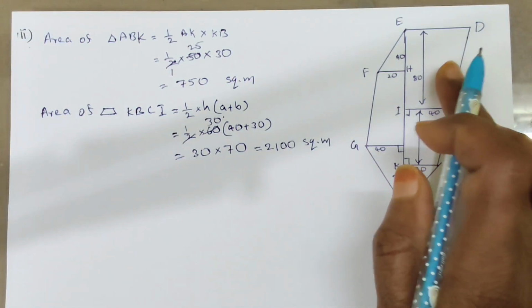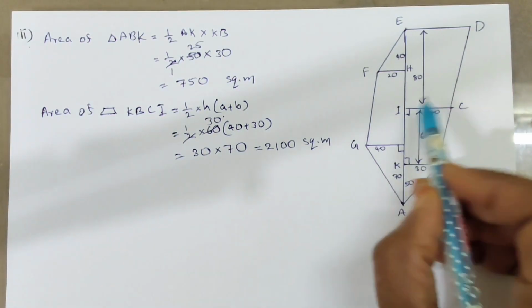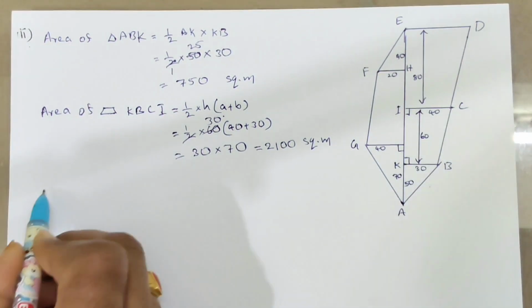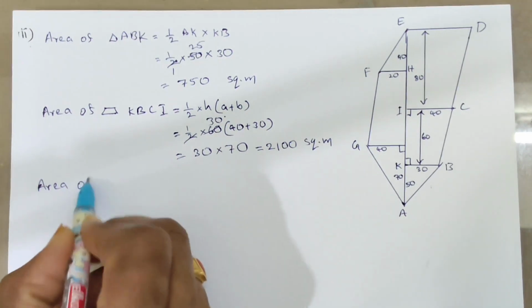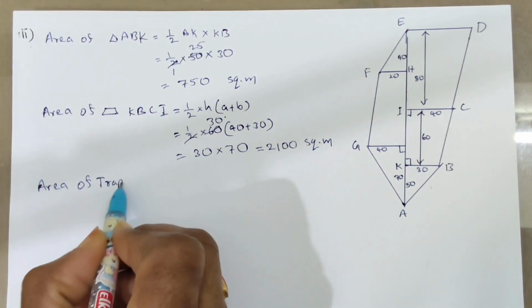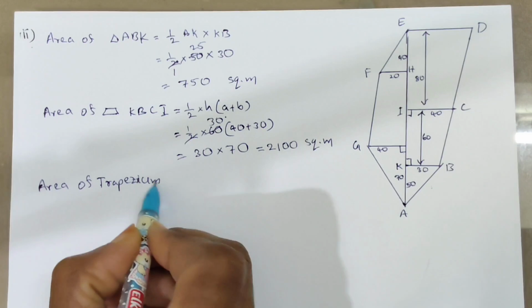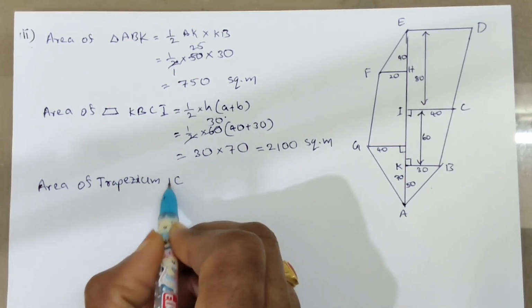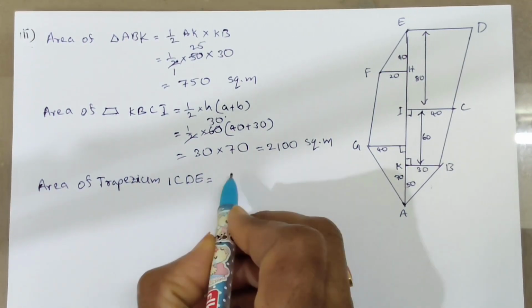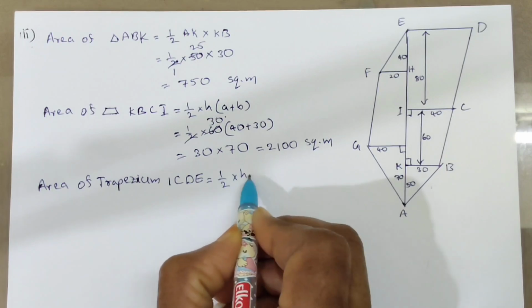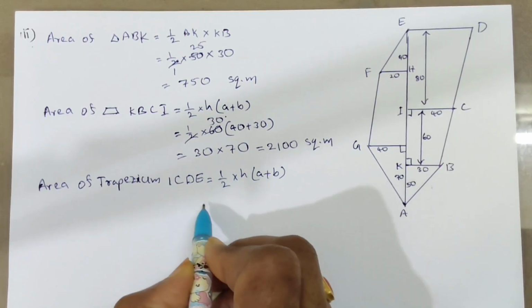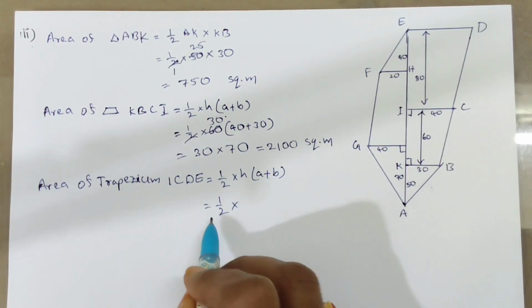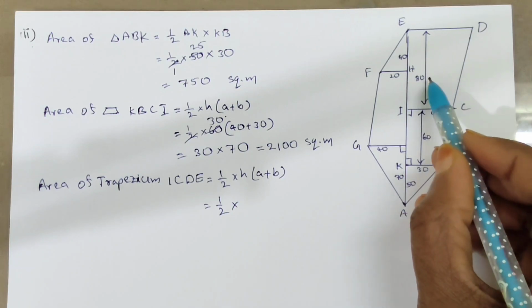Next we find this area. Here we find the trapezium area ICDE. Area of trapezium ICDE is equal to 1 by 2 into h into (a plus b). Here h is equal to 80.